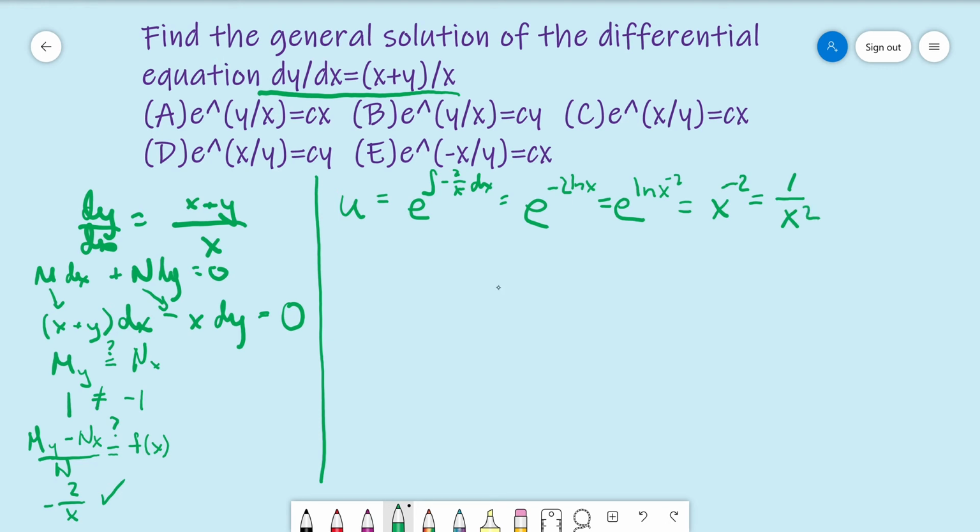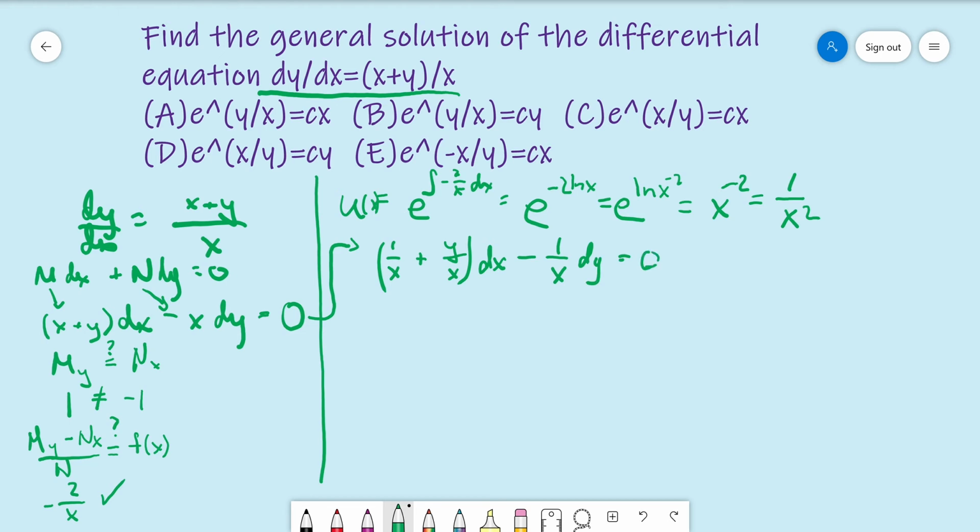So what we're going to do is take this integrating factor and multiply the whole equation by it. So we'll take this equation and multiply it by 1 over x squared, and that gives us (1 over x plus y over x squared) dx minus 1 over x, since x over x squared is 1 over x, dy equals 0.